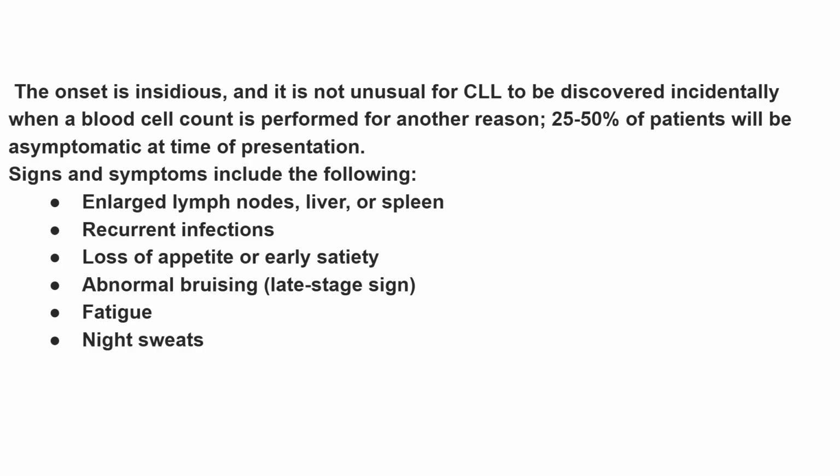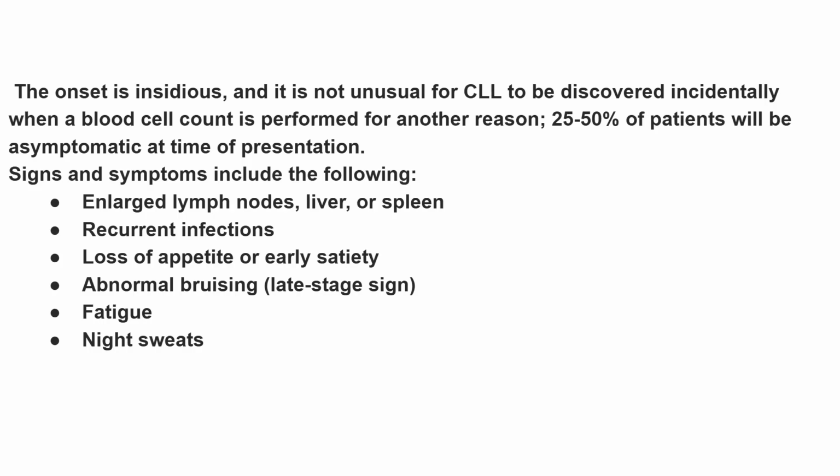Only when the peripheral blood smear is studied does it show the abnormality, and this is in around 25 to 50% of the patients. They will be asymptomatic in the initial stages for a long time. When the blood smear is studied for some other reason and you find this abnormal lymphocyte count, you may conclude that it could be chronic lymphocytic leukemia, and then the steps are taken.